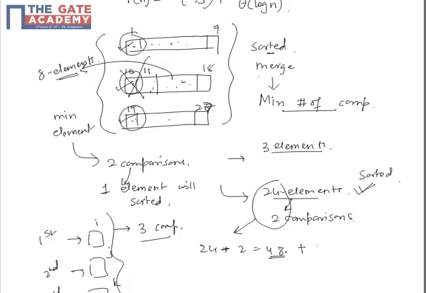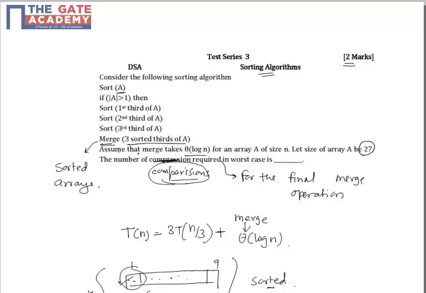That means the total number of comparisons required is 51. So to do the final merge procedure, the number of comparisons required is 51. Thank you.